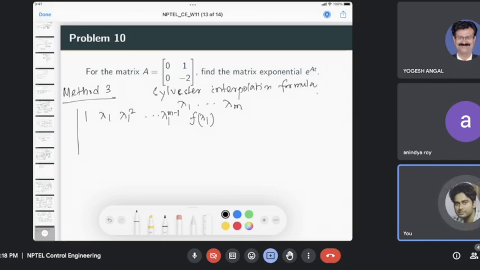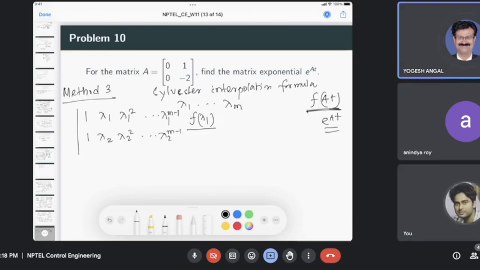We want to find this f of At form, and in this case our function is e to the power At, so we write this function there. Similarly for the other eigenvalues we write lambda 2 to the power n minus 1, f of lambda 2, and so on.